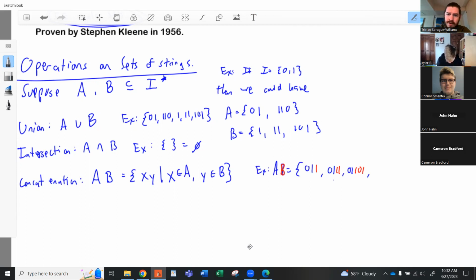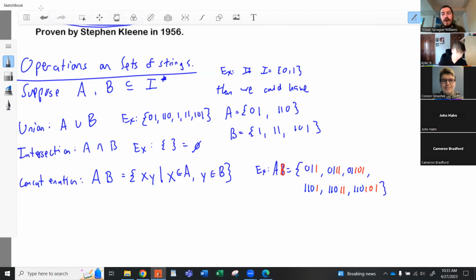We do that for every one of the strings in A. So there's another one. And there's another one. And another one. And that would be the entire set A concatenated with B. It's just all the things you can get by concatenating something from A with something from B.